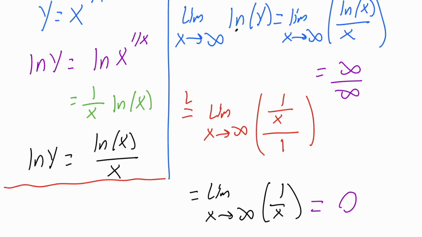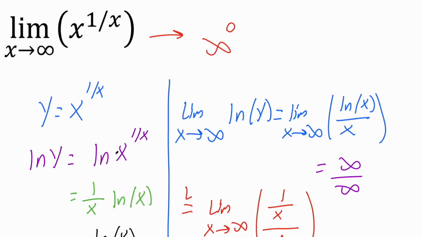So what we have right here is the limit as x approaches infinity for ln(y) is equal to this stuff, which we just said is equal to 0. So we can say we have the limit as x approaches infinity for ln(y) is equal to 0.